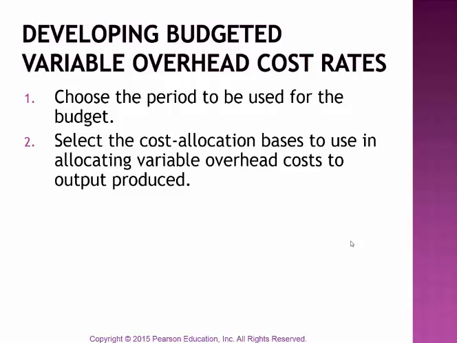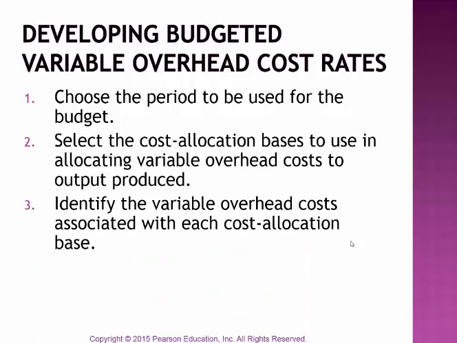What if we are labor intensive? Then maybe we're going to allocate our variable overhead using labor hours. Okay, so we're going to select some type of allocation base in order to use that in our calculation, and then of course track that allocation base and allocate in how much of variable overhead per whatever our base is.